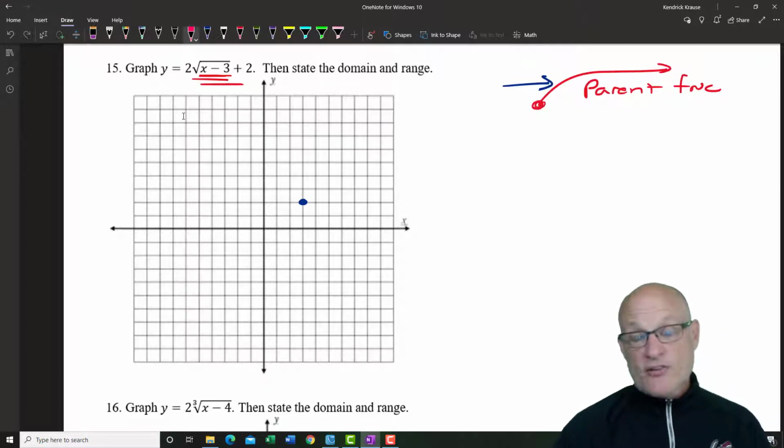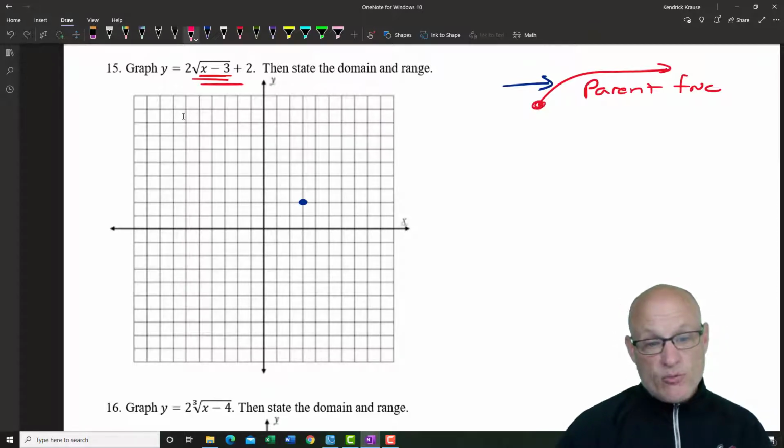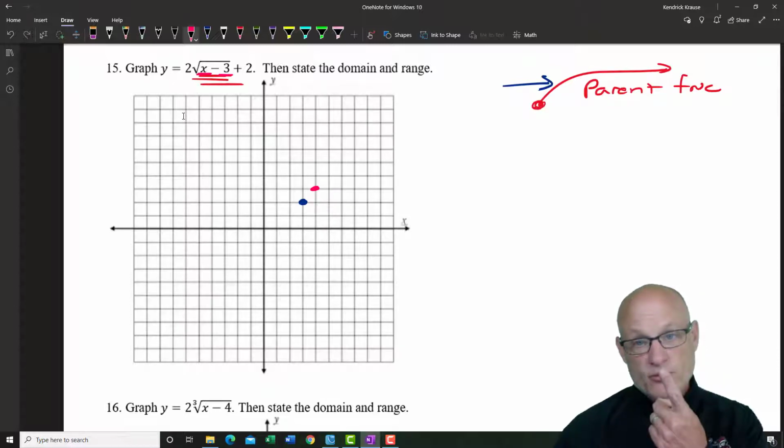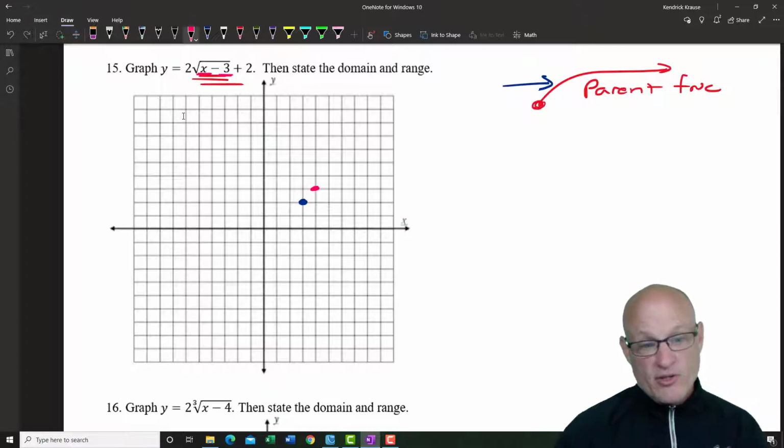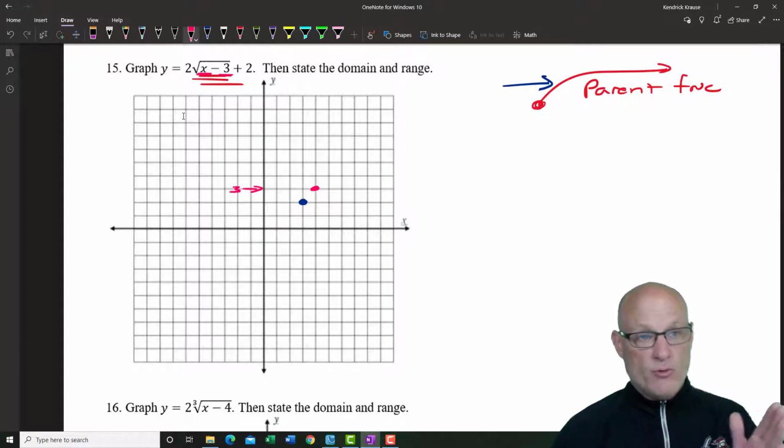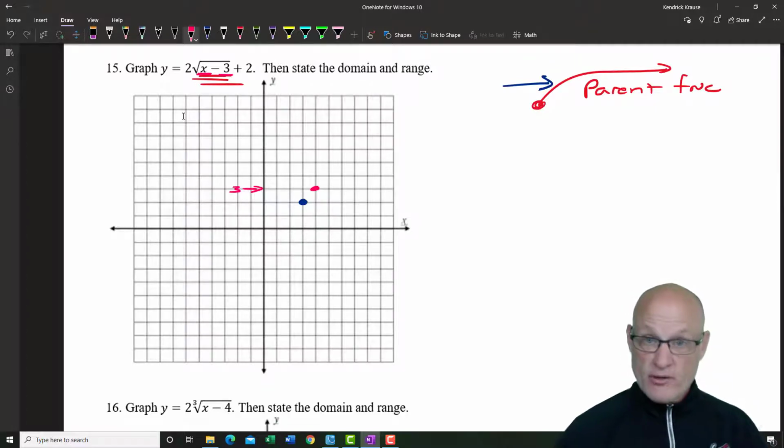Normally with a square root function, we would go to the right 1 and up 1, right? Because if I put a 4 in there, what's 4 minus 3? 1. Square root of 1 is 1. 1 plus 2 is 3. Notice I'm at 3, right? So you're going to find out with square roots, you go right 1, up 1, right 4, up 2, right 9, up 3. Square root of 1 is 1, square root of 4 is 2, square root of 9 is 3.